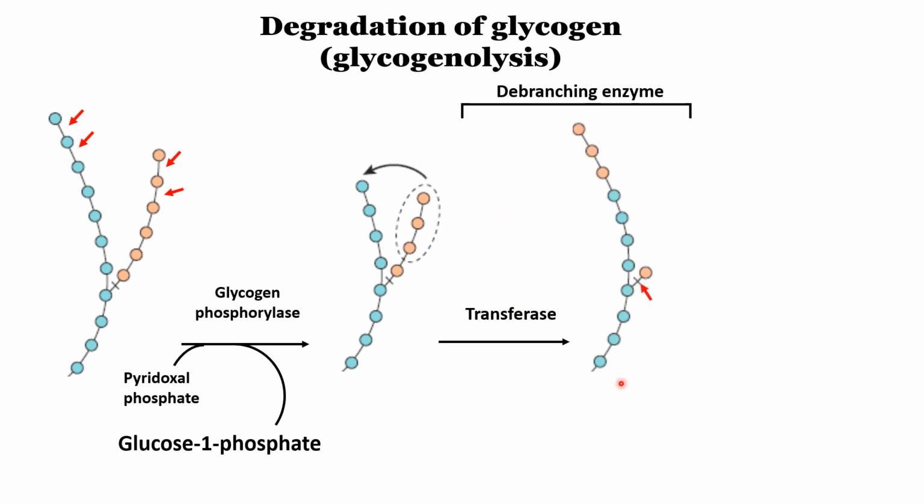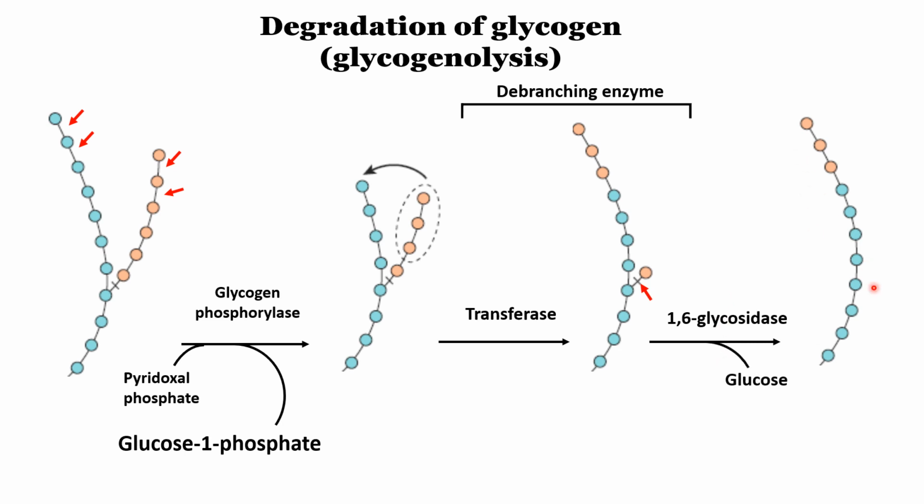Now the other phase of this enzyme, which is called 1,6 glucosidase enzyme, works by degrading the alpha-1,6 glycosidic linkage. يعني الطرف الآخر من هذا الإنزيم راح يشتغل by breaking down the alpha-1,6 glycosidic linkage of the single glucose molecule that's left on the branch, and that's how it produces a straight chain of glycogen and releases 1 free glucose molecule.